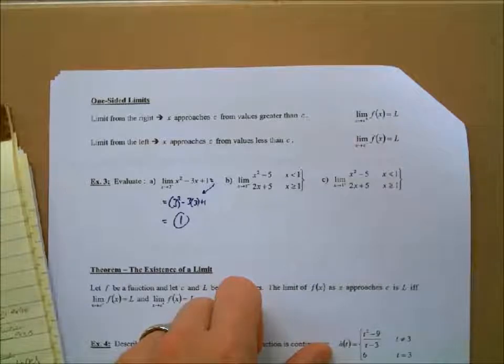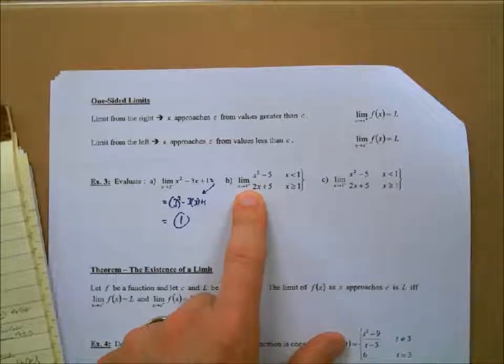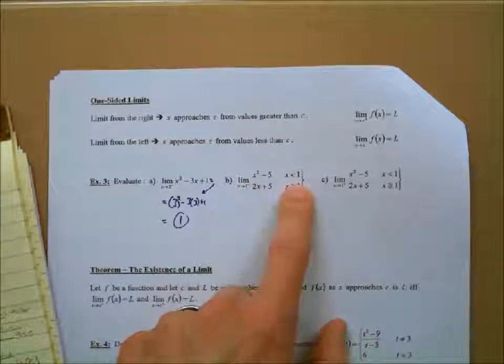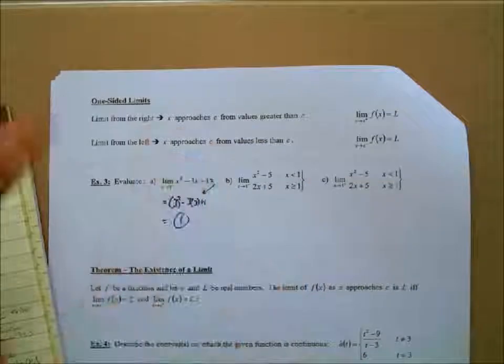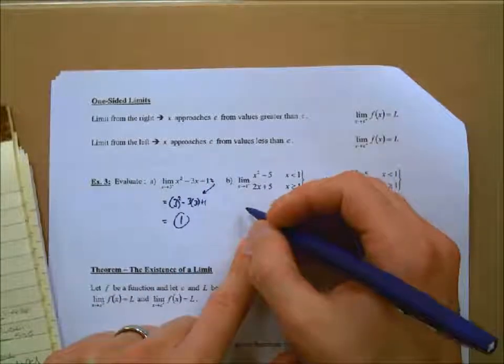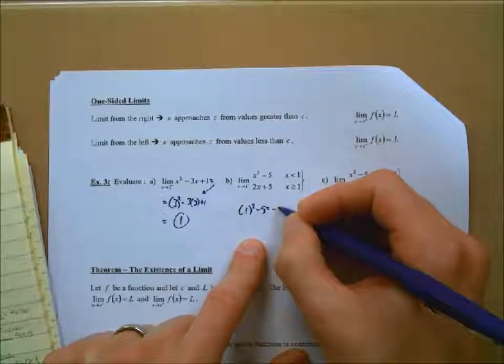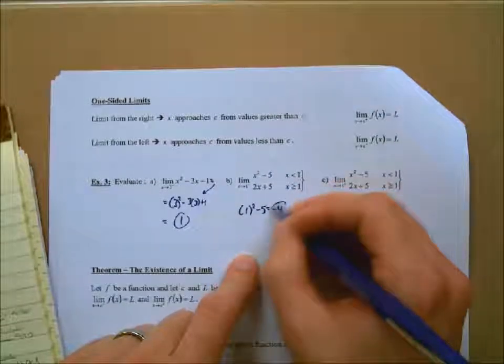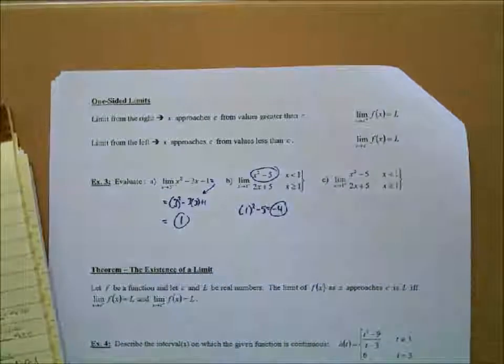The top piece, because we're approaching 1 from the left, which is x values less than 1. Where is our function for x values less than 1? Right there. We'll do a direct substitution: 1 squared minus 5, which is negative 4.